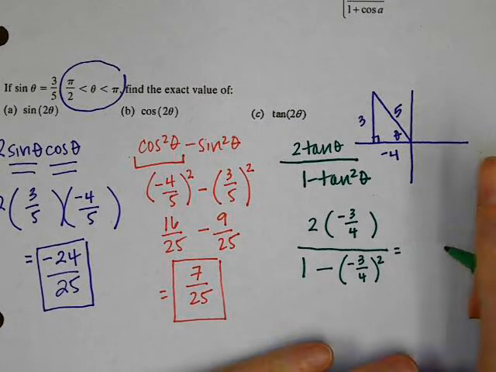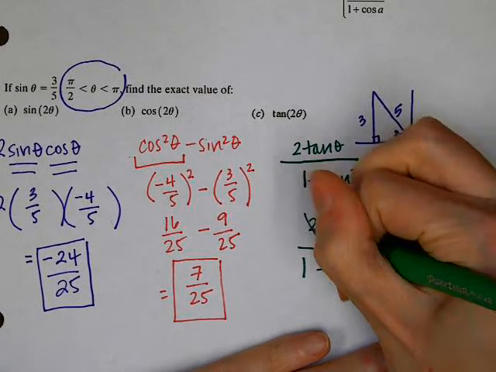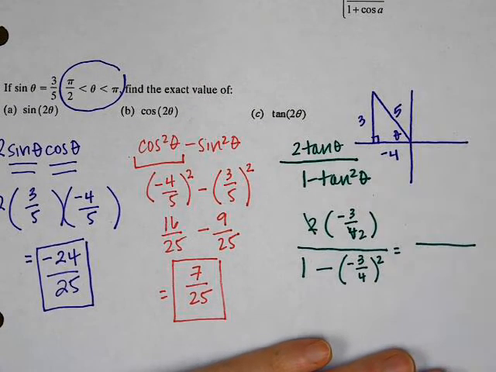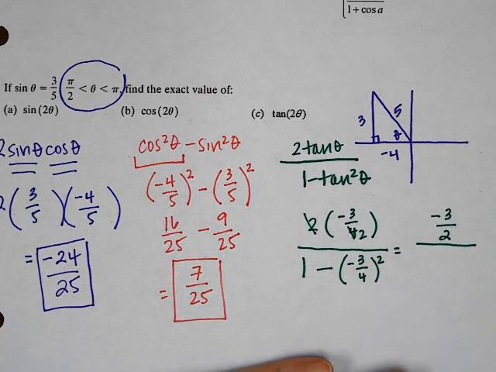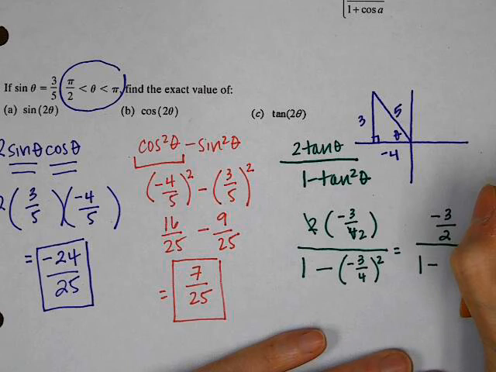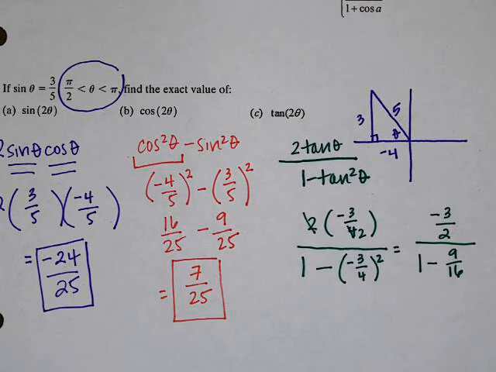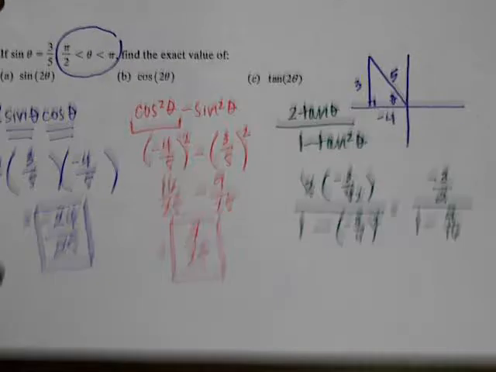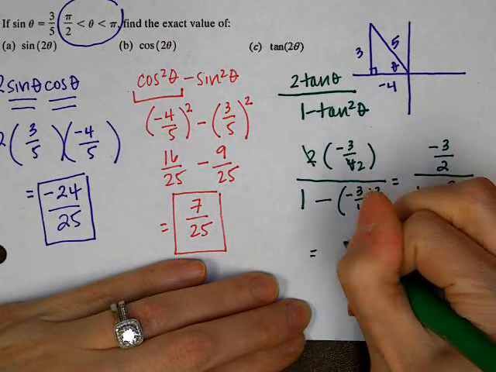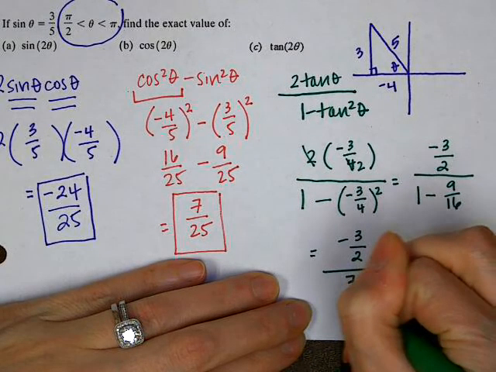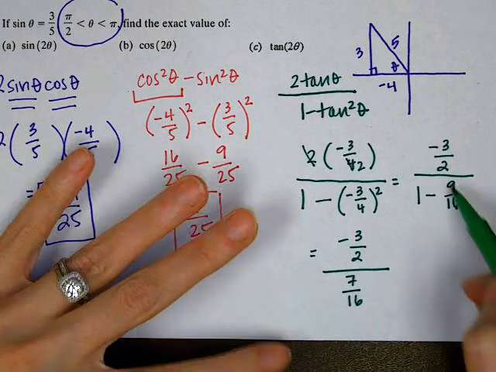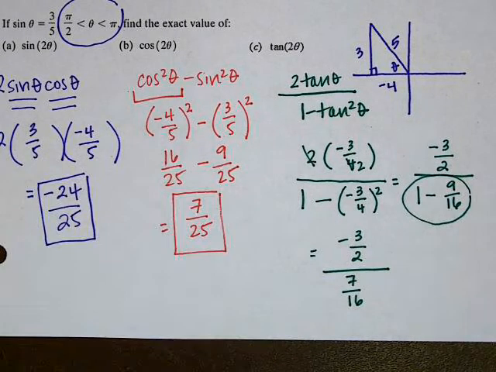All right, so if we simplify this a little bit, 2 over 4 reduces to 2, so this is -3/2. And then on the denominator, it's going to be 1 minus 9/16. If we get a common denominator, this is going to be -3/2 over 7/16.